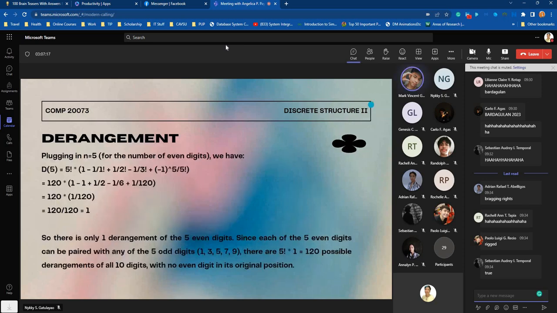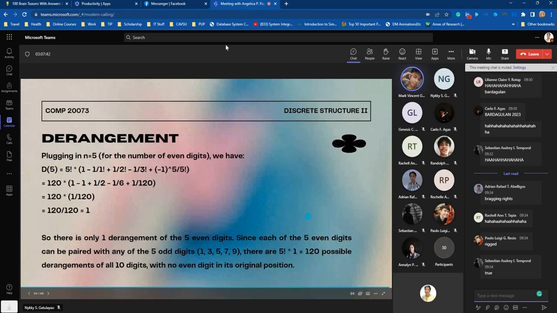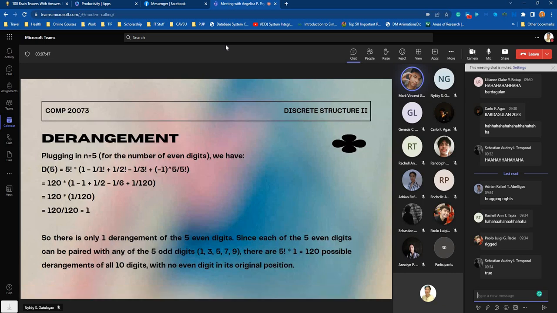Plugging in n equals 5 for the number of even digits, we have D of 5 equals 5 factorial times 1 minus 1 over 1 factorial plus 1 over 2 factorial minus 1 over 3 factorial plus negative 1 raised to 5 divided by 5 factorial, equals 120 times 1 plus 1 half plus 1 and plus 1 over 120.